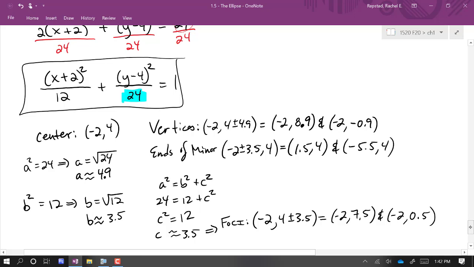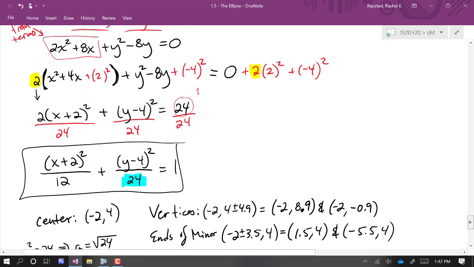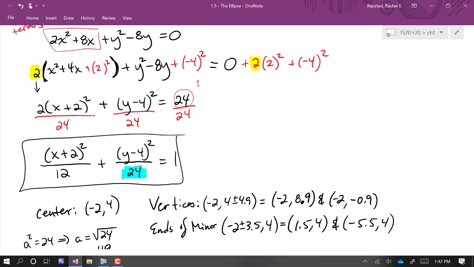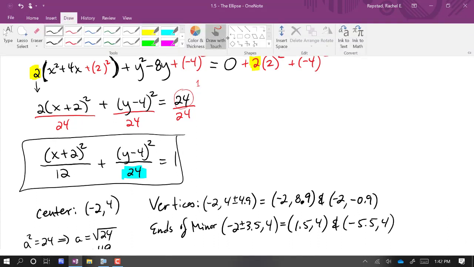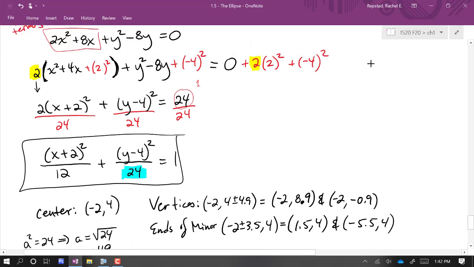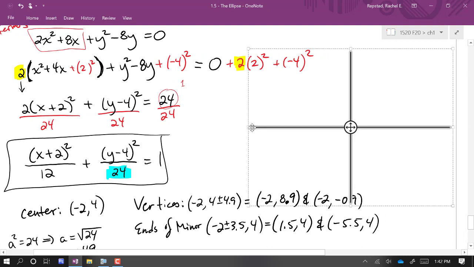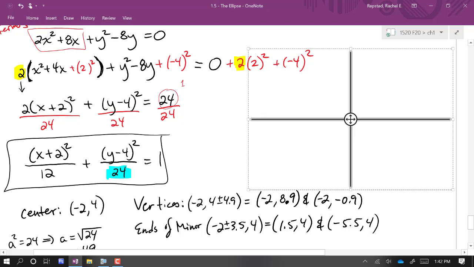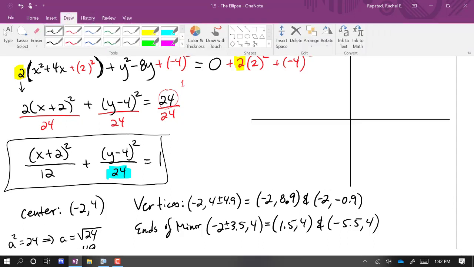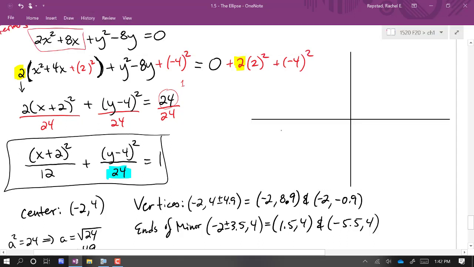Now we're going to sketch it. I'm going to scroll up just a little bit, and I'm basically going to use the vertices and the ends of the minor axis to help me do the sketch. I'm just going to plot these points.